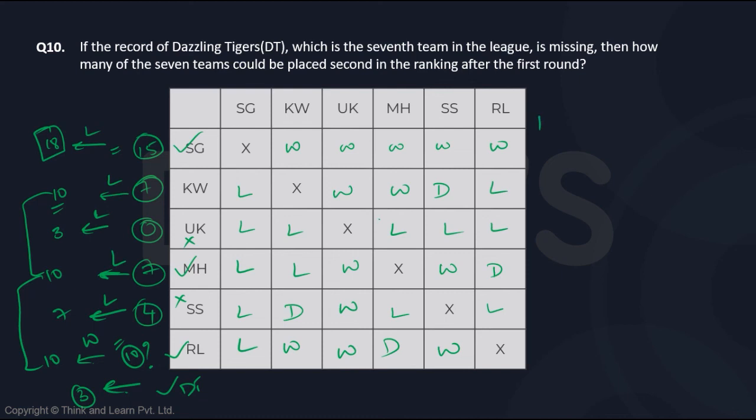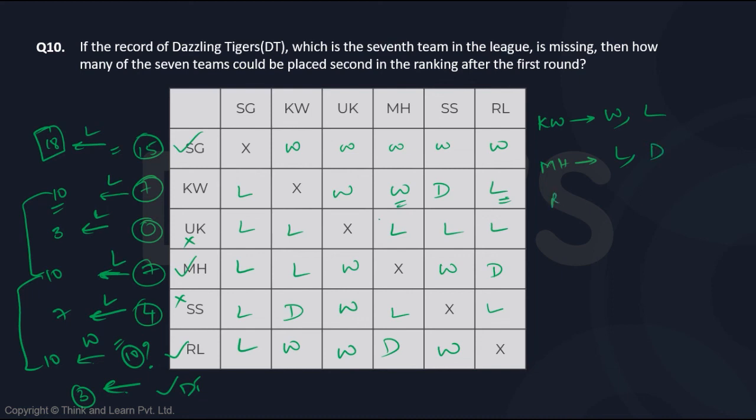Now look at KW. When there is a tie between 3 people, KW has 1. So what are the 3 people? KW, MH and RL. So KW and MH. What happened to KW and MH? KW, MH, it's a win, and KW, RL, it's a loss. We already did this in the previous question. So MH and KW, MH and KW is a loss. MH and RL is a draw.